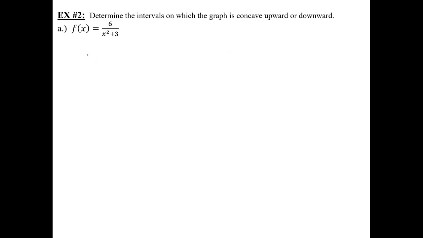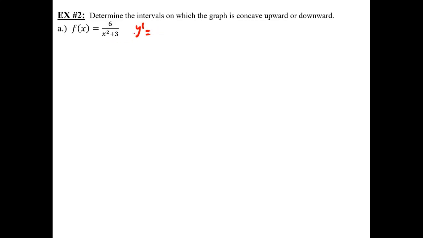Second function, we have f of x is equal to 6 over x squared plus 3. We have the same objective. First derivative: since it is a quotient, you will use low d high minus high d low.